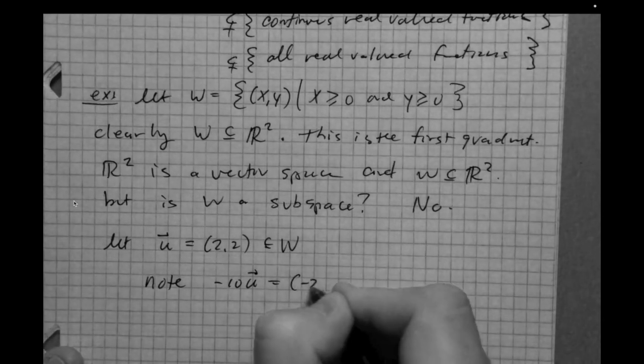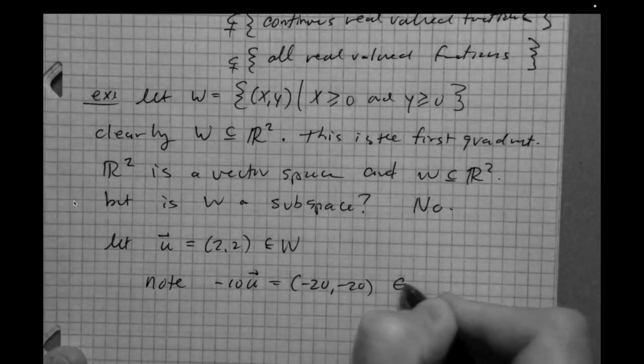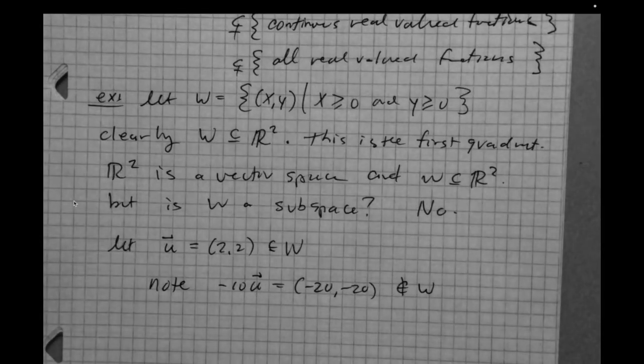Well, that's (-20, -20), which is not in W. That's enough to show that W, as defined, is not a subspace of R2. R2 is a vector space. W is a subset of a vector space, but it's not a subspace because it's not closed, in this case, under scalar multiplication.